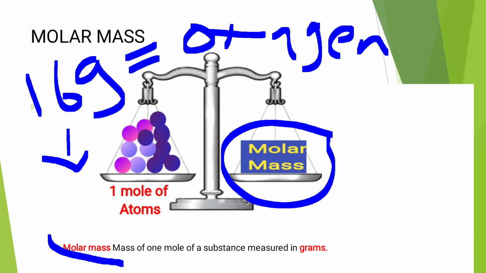What do I mean by that? I mean 6 or 2 exillion atoms of oxygen are contained in 16 grams.